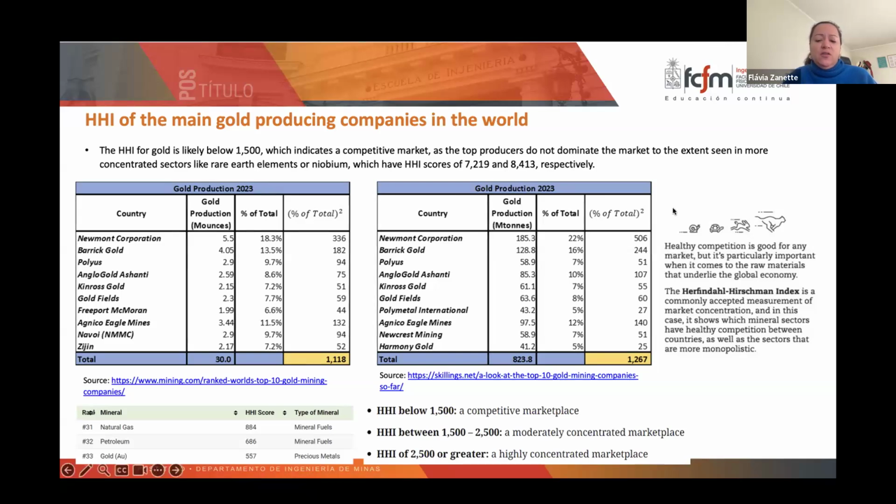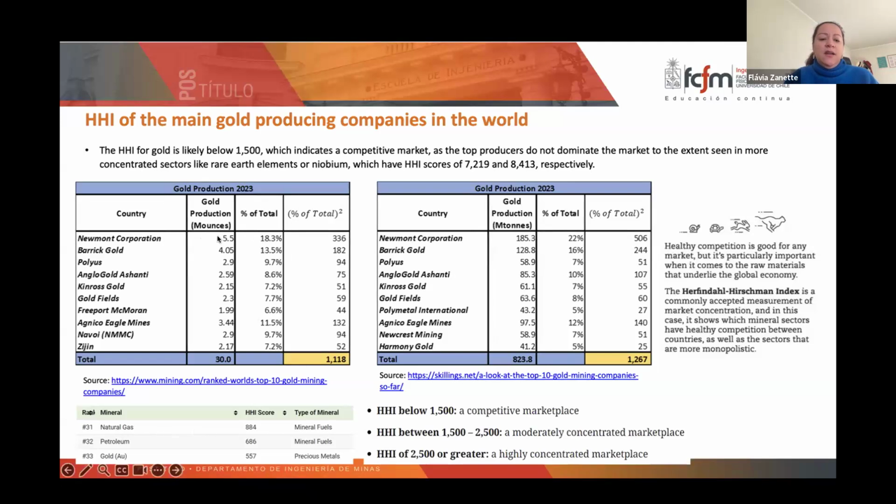Here we have also a scale to understand how the HHI works. If it's below 1,100 it is a competitive market, and the higher levels are on another scale. We have also here, just for comparison, natural gas and petroleum HHI scores so that we can have an idea.